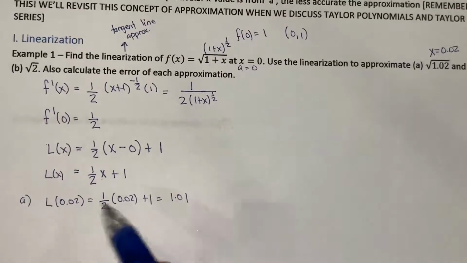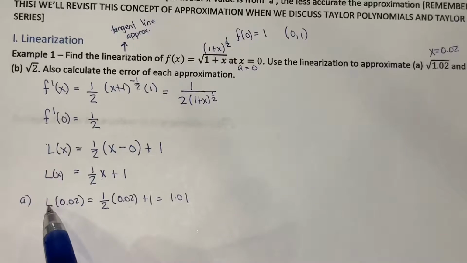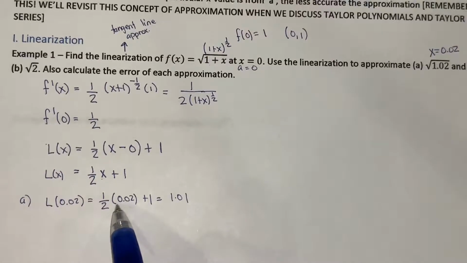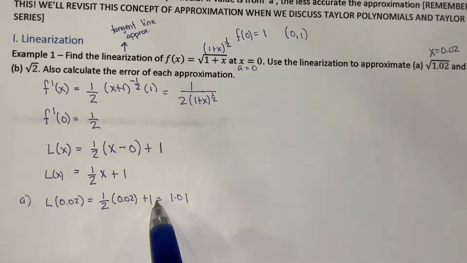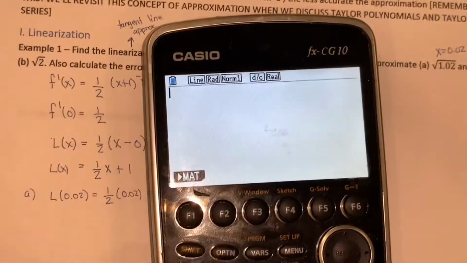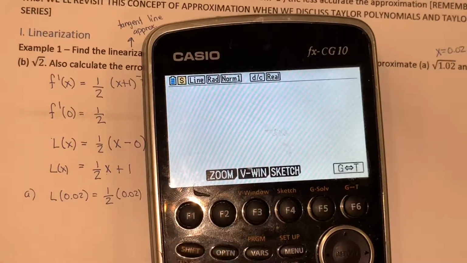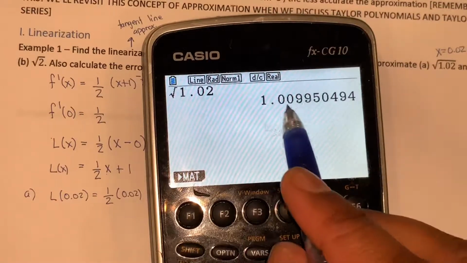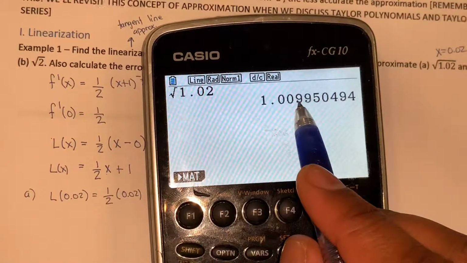So again, the linearization at 0.02 equals 1 half times 0.02 plus 1, which equals 1.01. If we calculate the square root of 1.02, we get 1.009, which is basically 1.01.